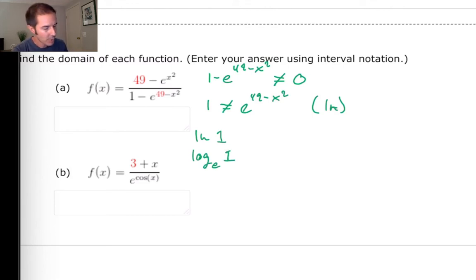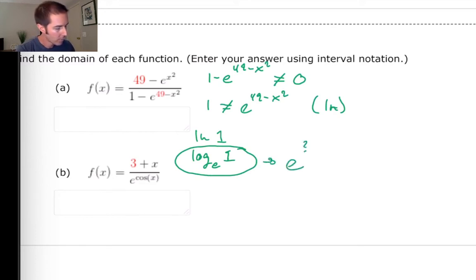This expression is actually asking me a question. It's asking me, e to what power equals 1? The base to what power equals 1? And the answer is, anything to the power of what equals 1? Anything to the power of 0 equals 1.